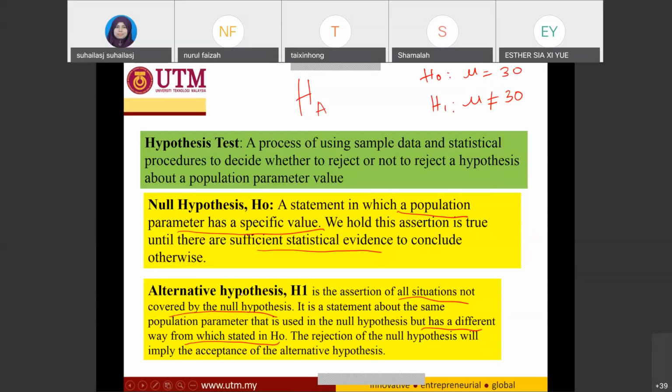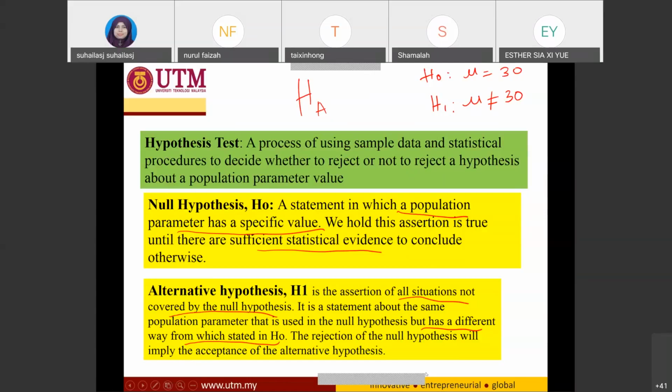Okay, for your alternative hypothesis, we denote it as H1, or sometimes other references use HA. This is the hypothesis alternative, meaning the assertion of all situations which are not covered by the null hypothesis. That means it is a statement different from your null hypothesis.